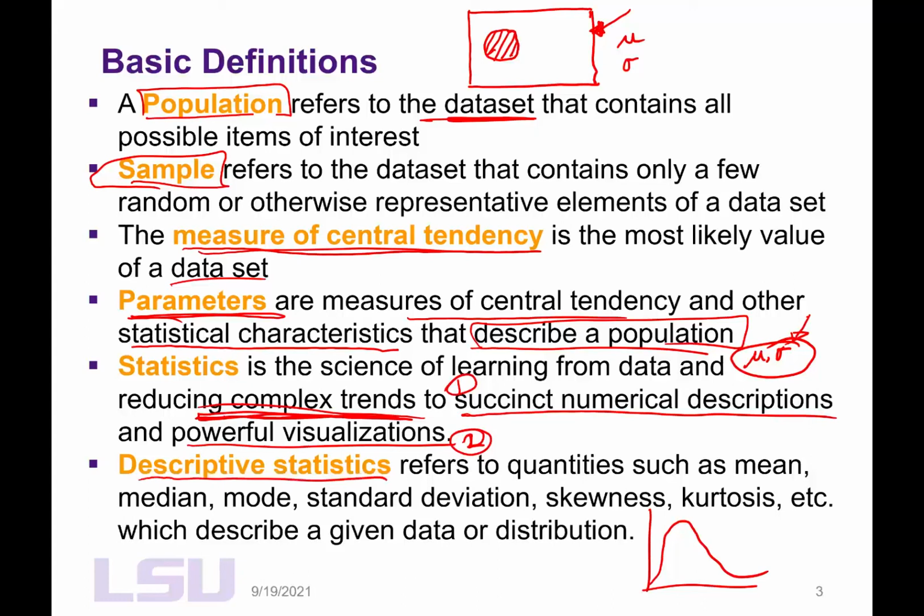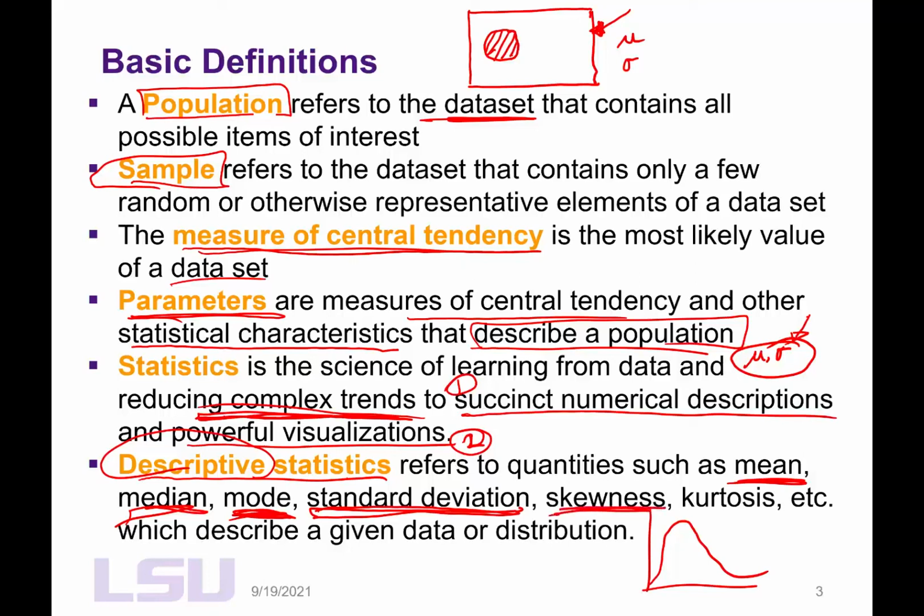Descriptive statistics. You are working on statistics and you are describing information. So it refers to quantities such as mean, median, mode. All three are measures of central tendency. And then standard deviation, which is a measure of dispersion or variation from the mean.